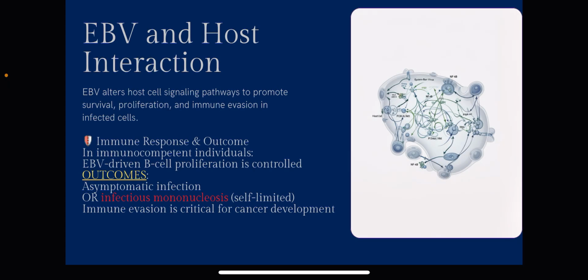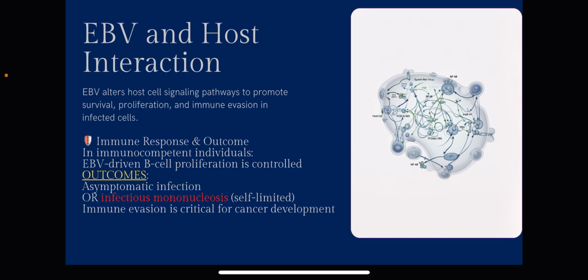Now, what is the mechanism adopted by the host in response to the Epstein-Barr virus? Let's look at the interaction with the host. Epstein-Barr virus alters the host cell signaling pathways to promote survival, proliferation and immune evasion in infected cells. Now the immune response and outcome.